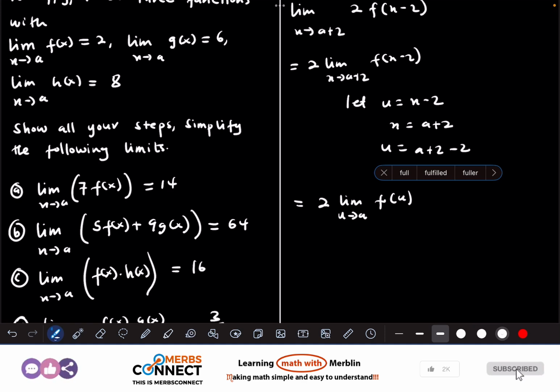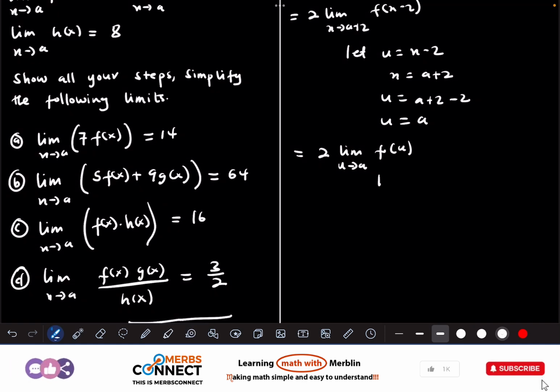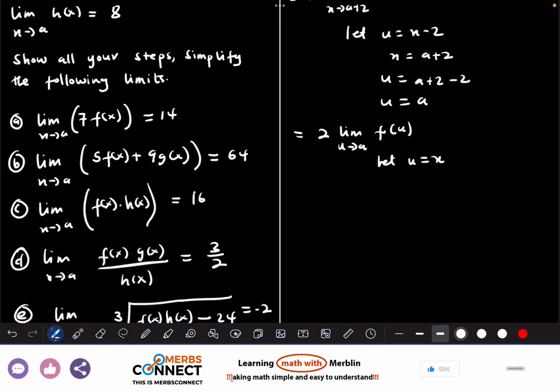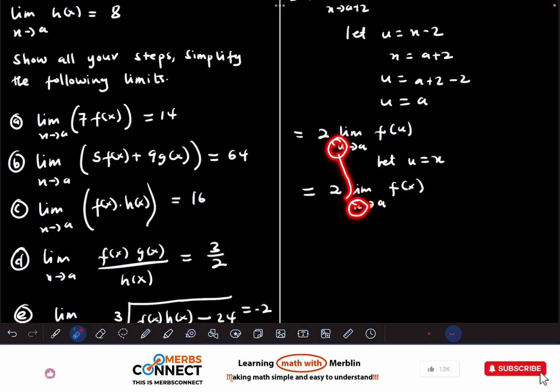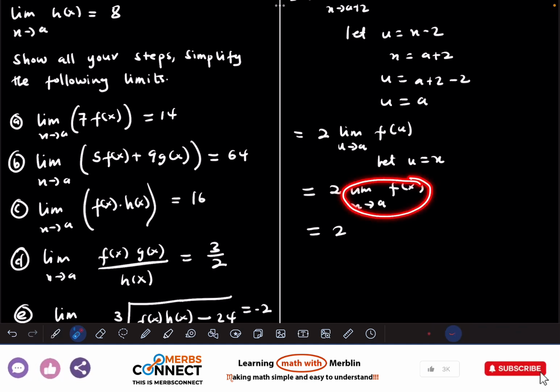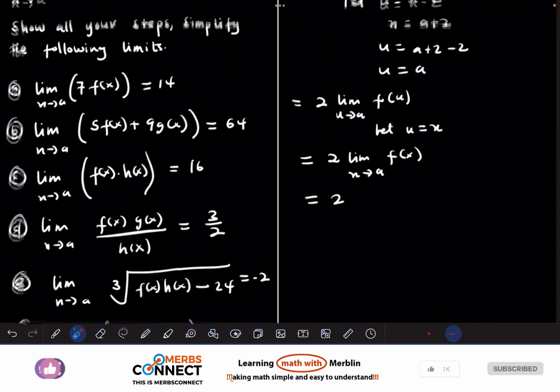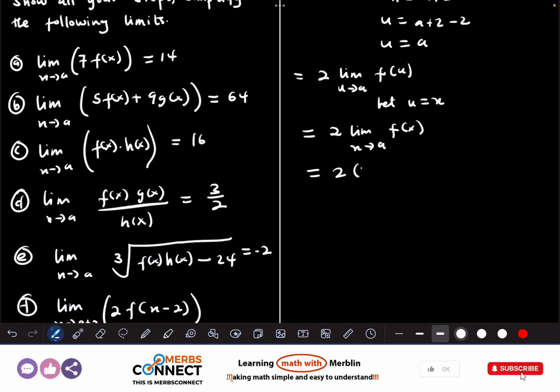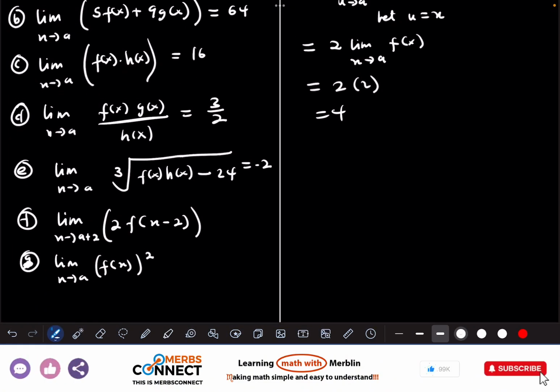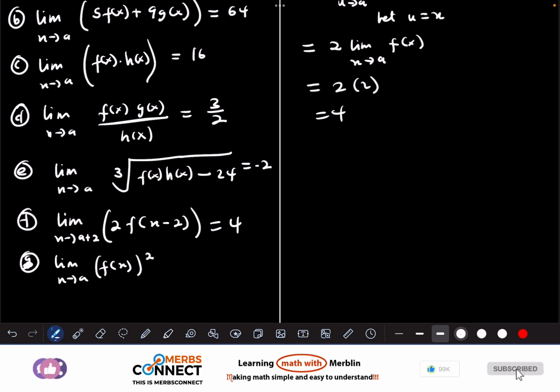Now let me abuse notation here by saying let u equal x, so that we will have 2 limit as x is approaching a of f of x. So now we can see that this is u, but we are saying that u is equal to x here. And from the information, this right here is equal to 2. So we are going to have 2 times 2, which is going to give us 4. So this is going to give us 4. This one too, we had 4.